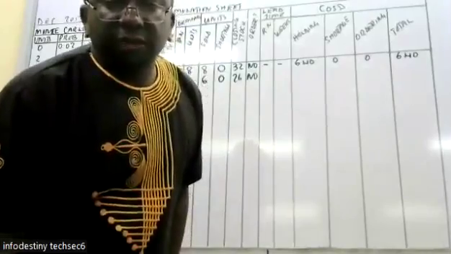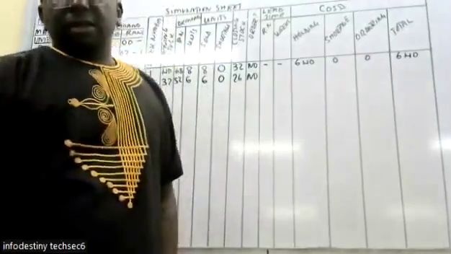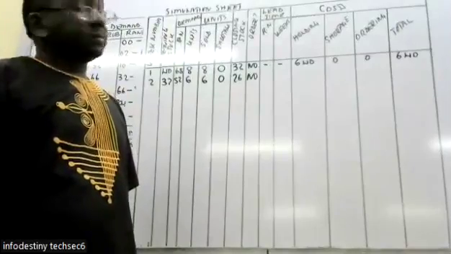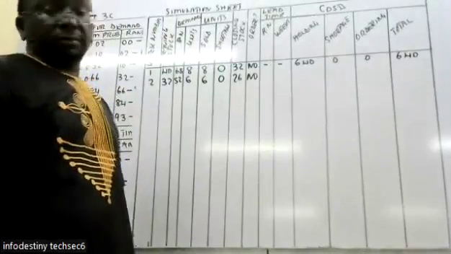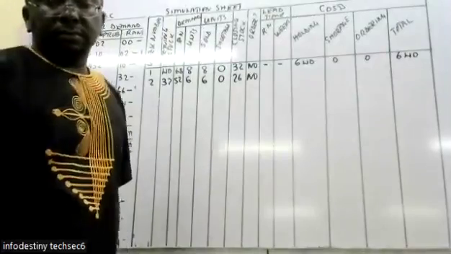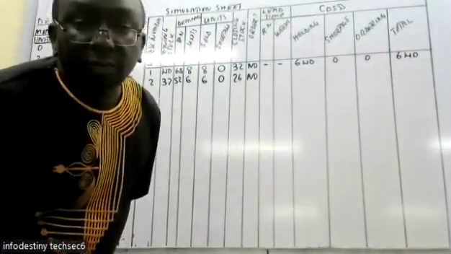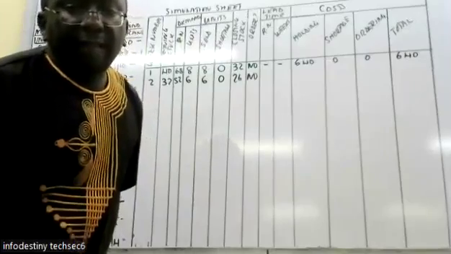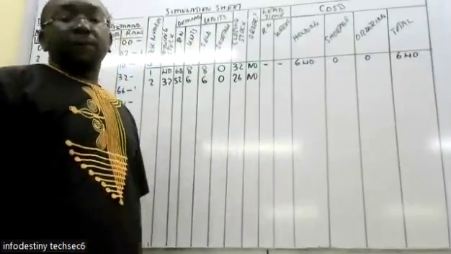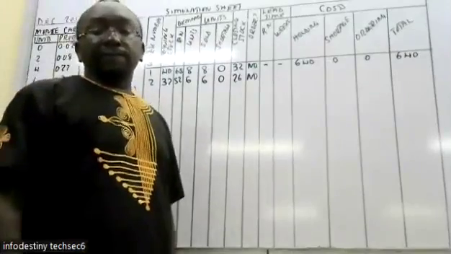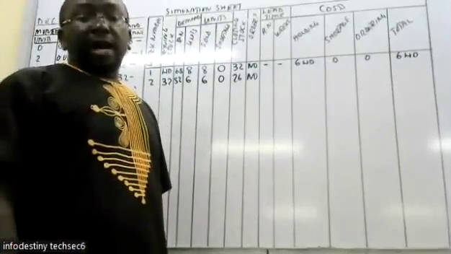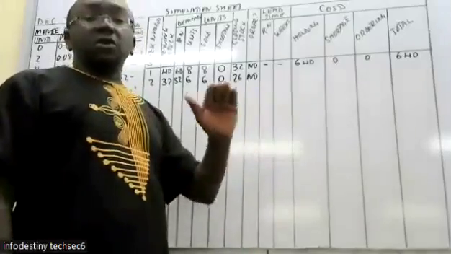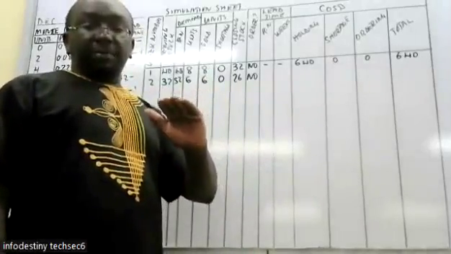What is confusing, Fatuma? Where? I have said we have gone below 30, which is our order point.